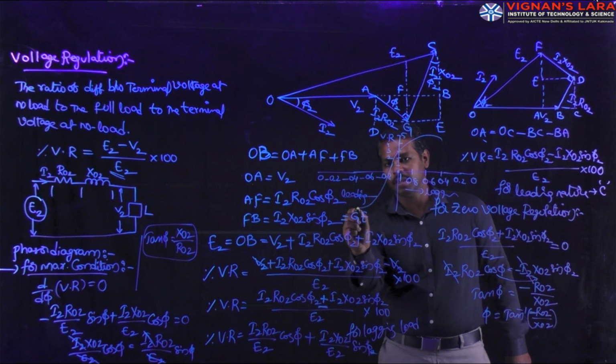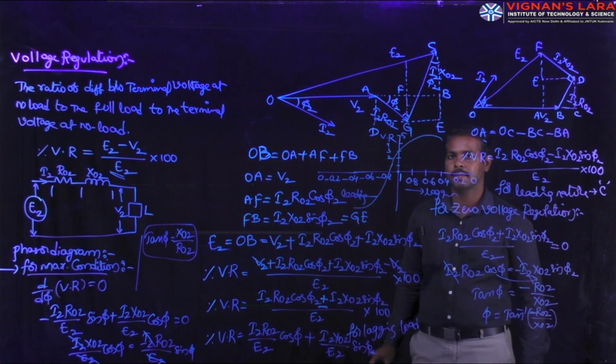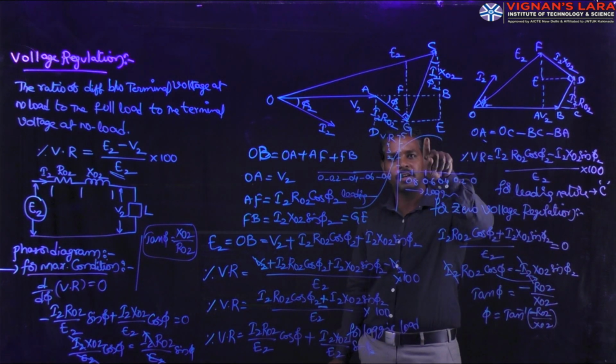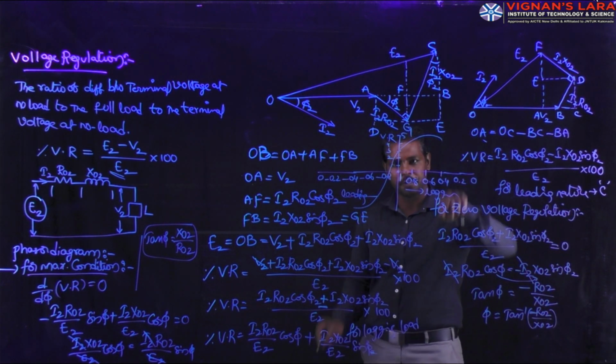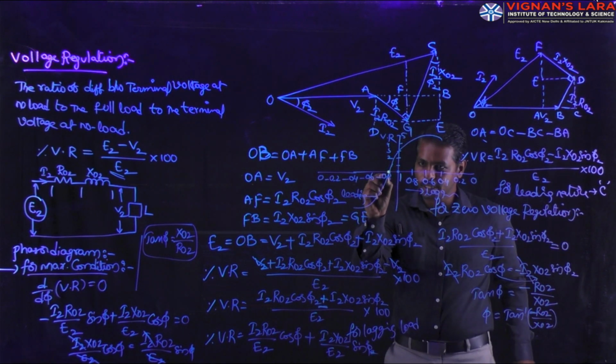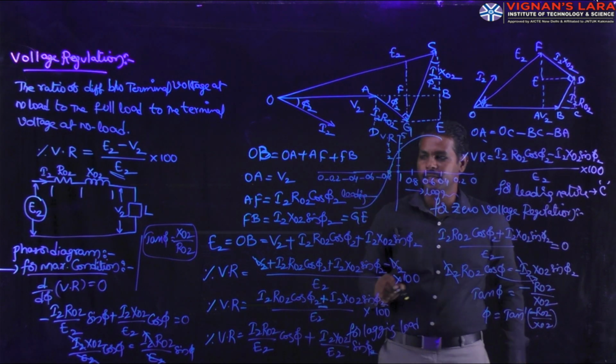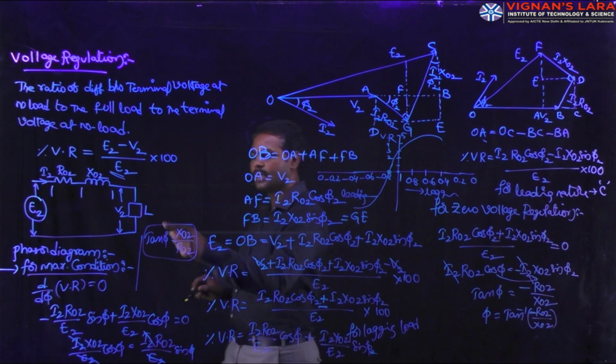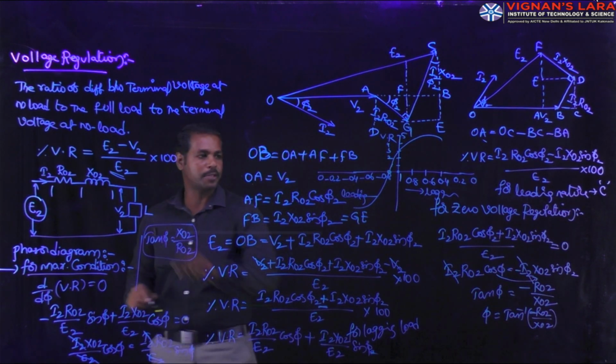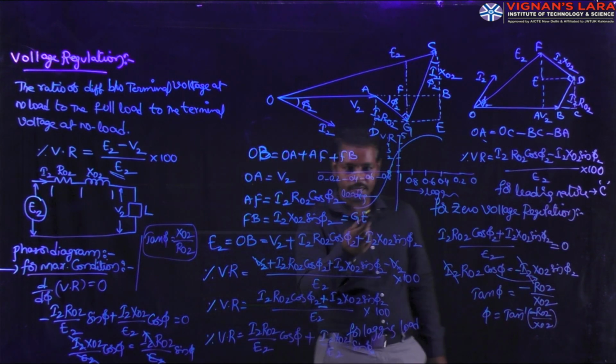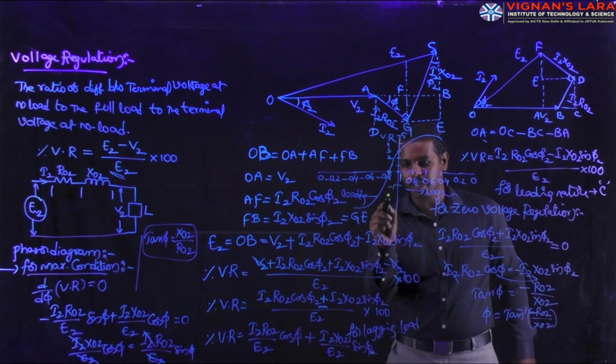If you draw the characteristics like this, the maximum voltage regulation always occurs at lagging power factor. Zero voltage regulation occurs at leading power factor. As we increase the leading or capacitive loads, it drastically reduces to minus 1, minus 2, minus 3, minus 4 and minus 5.